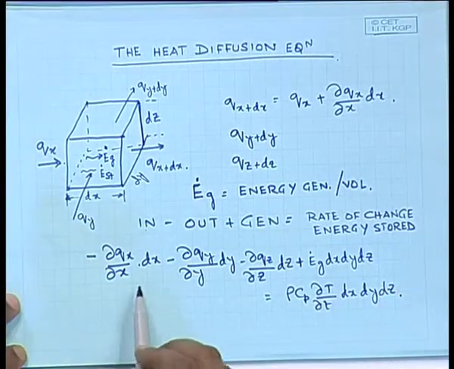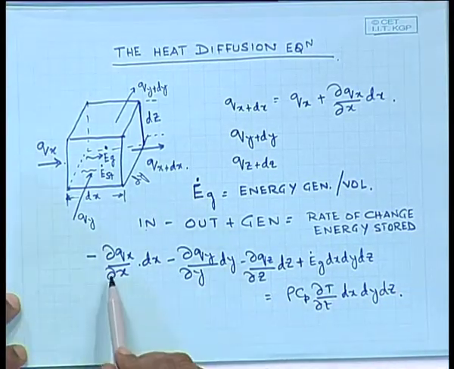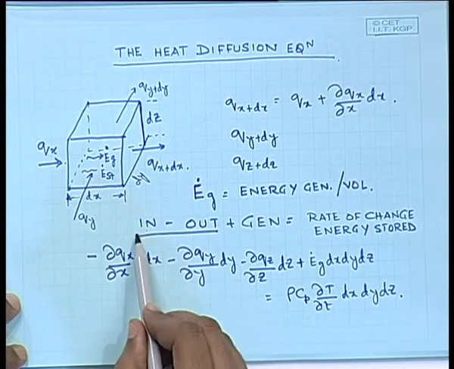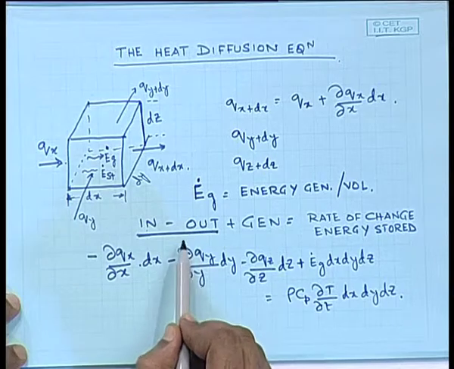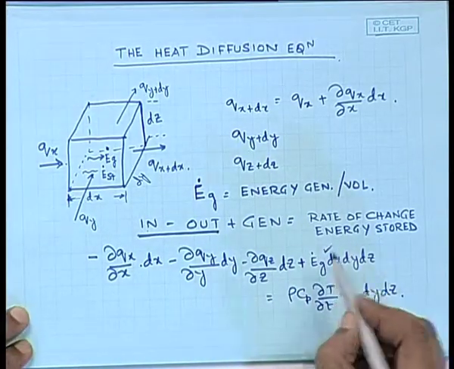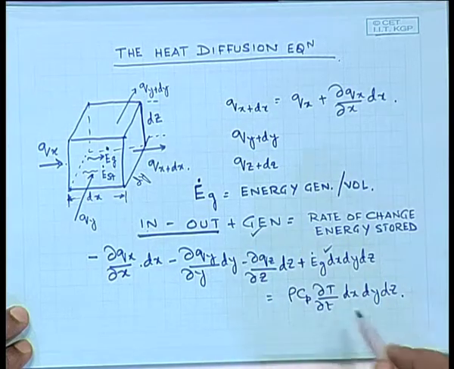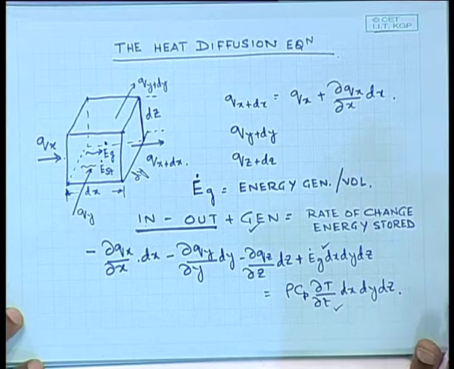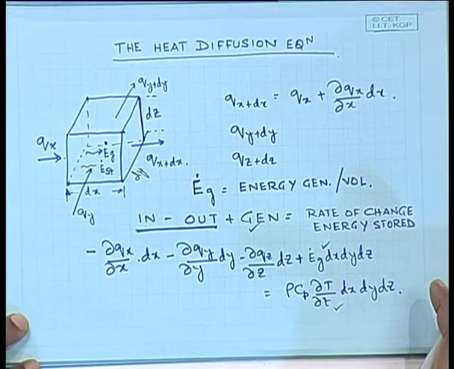So this step is clear to all of you. What I have, the first three terms are the result of in minus out. This term is the generation term, and on the right hand side I have the energy storage. So that's straightforward. Is there any question up to this point?